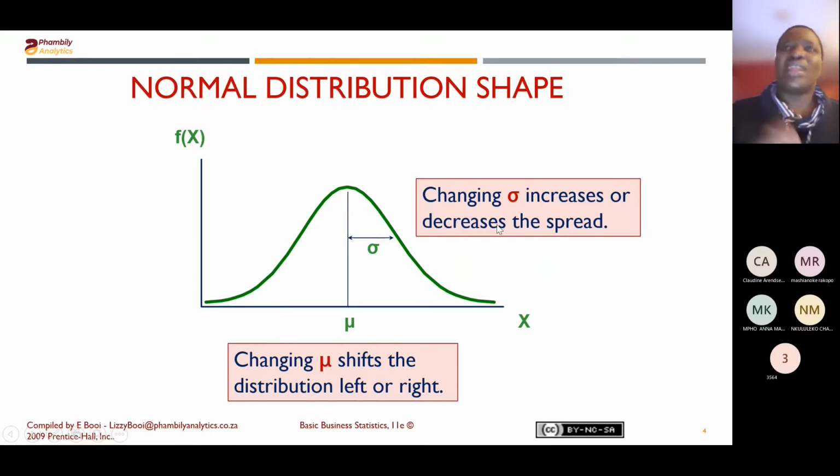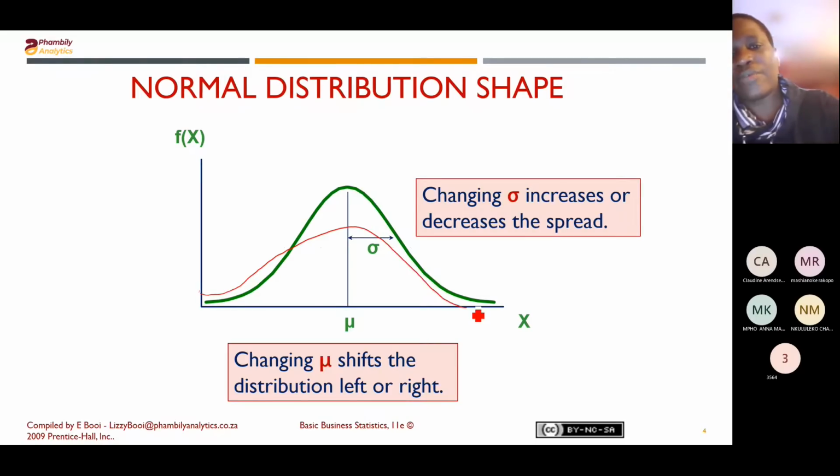But when your standard deviation value increases, then your graph becomes shorter, or we say it moves up and down. So it increases in terms of the spread. At this point it is 1 standard deviation. When it's 2 standard deviations, the graph will be flatter. Maybe I'm not drawing it properly.